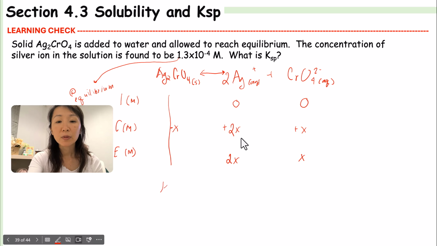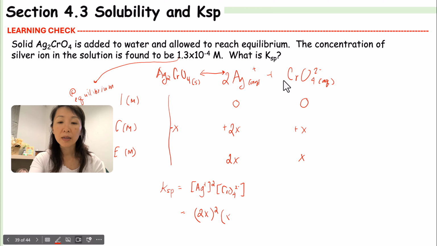Let's write the equilibrium constant for Ksp here, and that's silver to the second power and chromate, but not to the second power since it has only a coefficient of 1. All right, so silver to the second power would be your 2x to the second power.